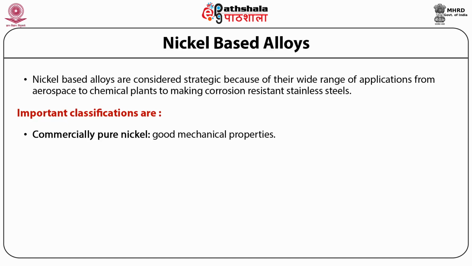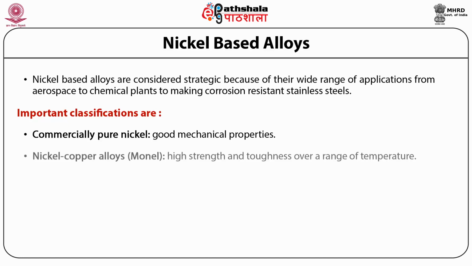Second type of nickel alloy is nickel copper alloys, that is monels. Nickel and copper form complete solid solution. Most importantly, nickel copper alloy containing 67% nickel and 33% copper is called monel.